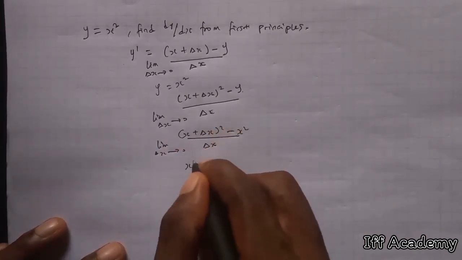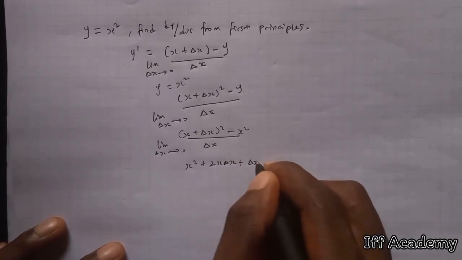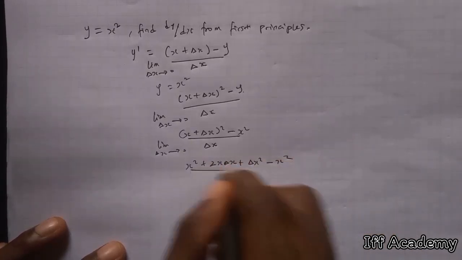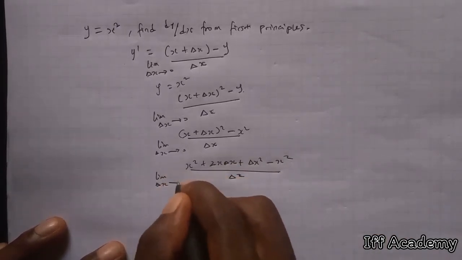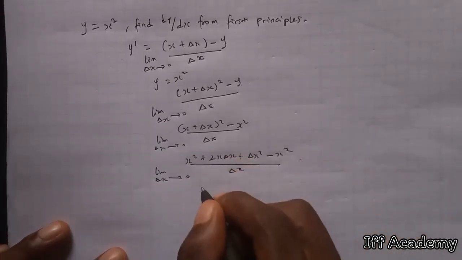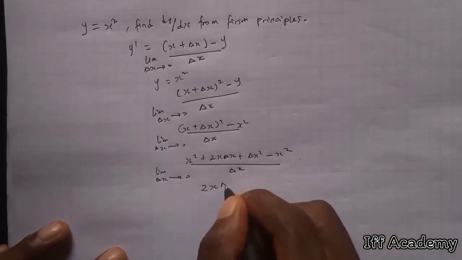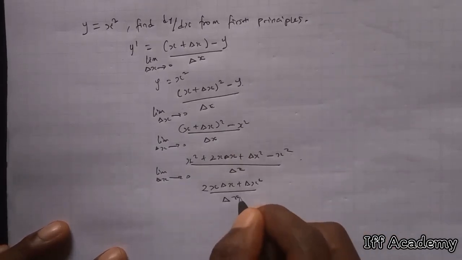If you expand this, you have x squared plus 2x change in x plus change in x squared minus x squared. From here, x squared and x squared are out. We are left with 2x change in x plus change in x squared over change in x.